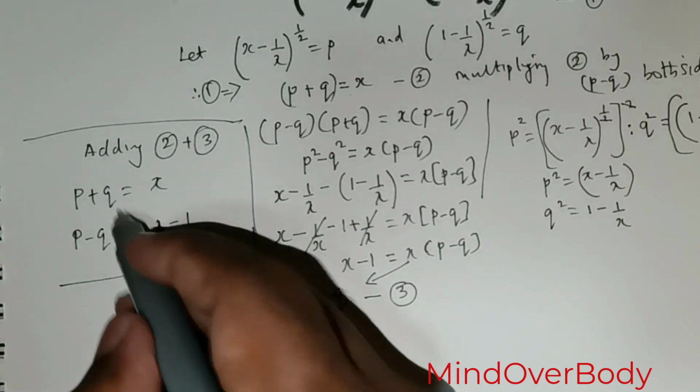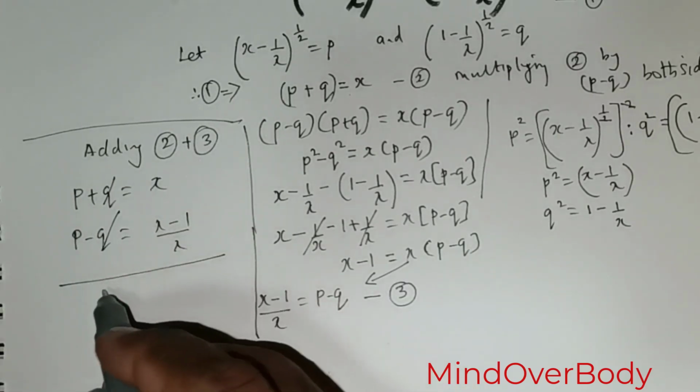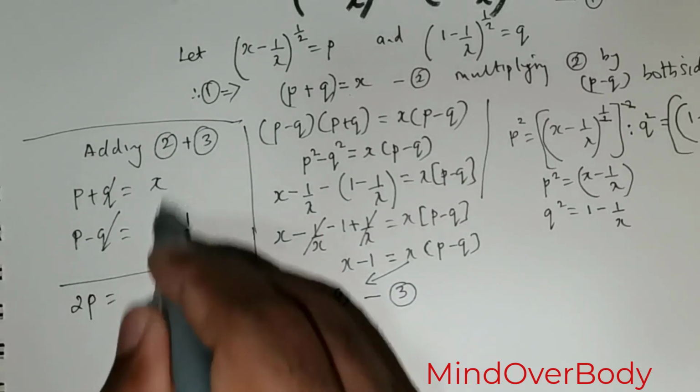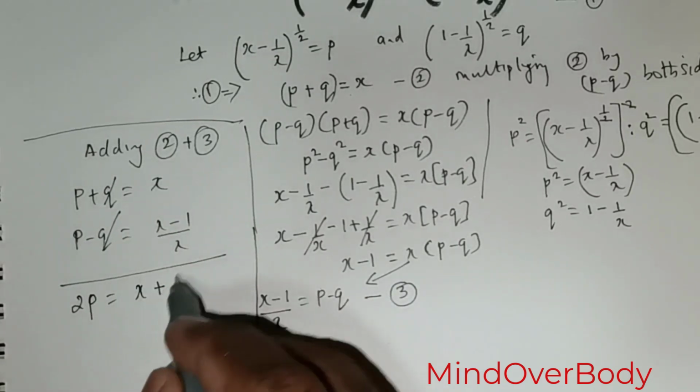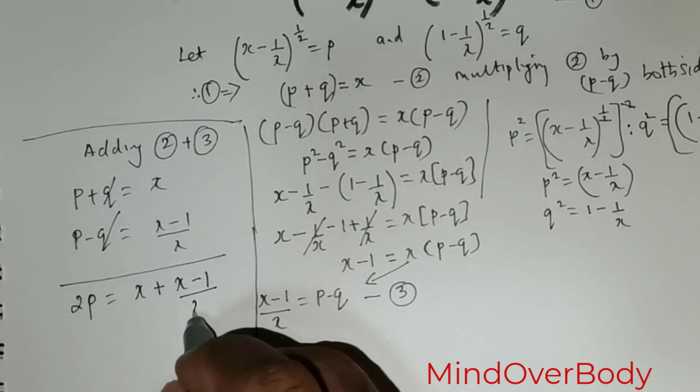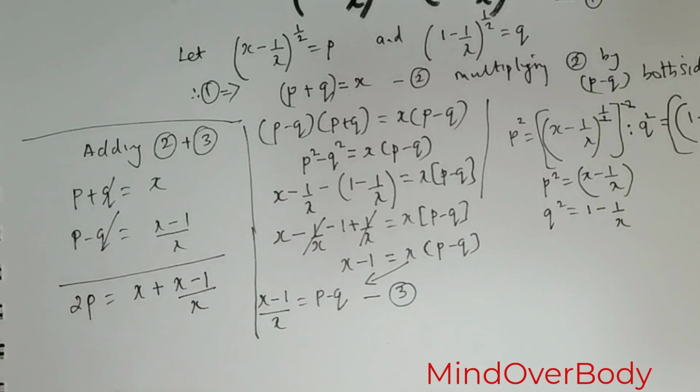So clearly you can cancel the q's. p + p would give me 2p, and over here is going to be x + x − 1/x. Now you can extract the value of p from here.